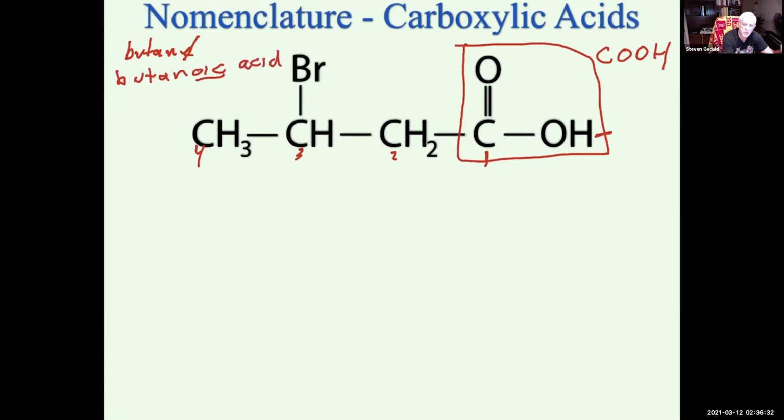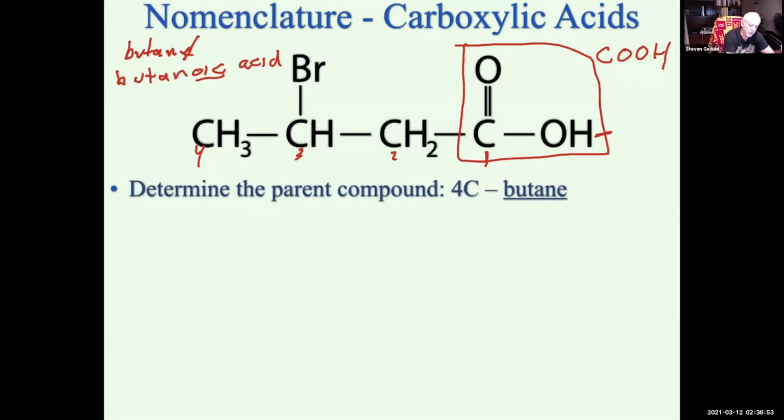So instead of butane, now we have butanoic acid. So we drop the E, add OIC. And then we name our substituent groups. We have a bromine group at number 3. So this would be 3-bromobutanoic acid.